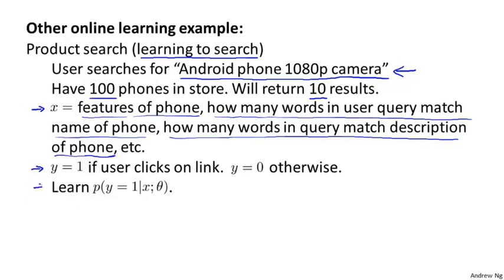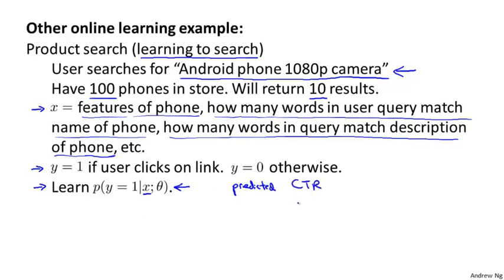And what I would like to do is learn the probability that a user will click on a specific phone given the features X, which capture properties of the phone and how well the query matches the phone. To give this problem a name in the language of people that run websites like this, the problem of learning this is called the problem of learning the predicted click-through rate, or predicted CTR.